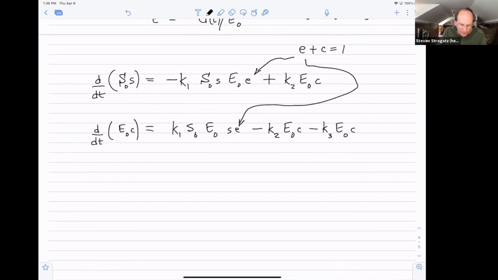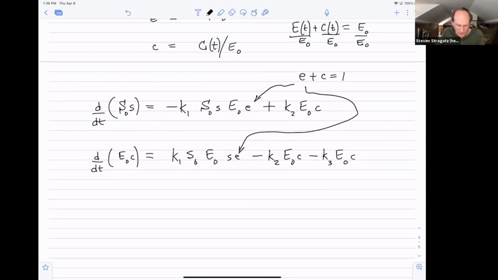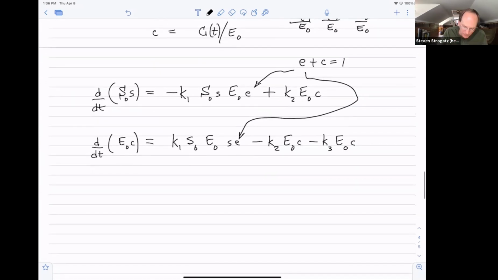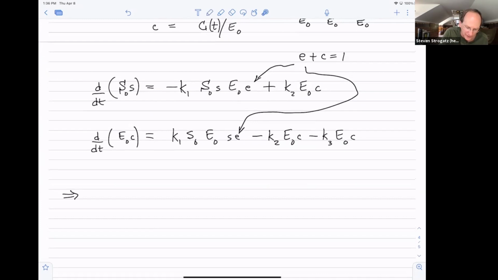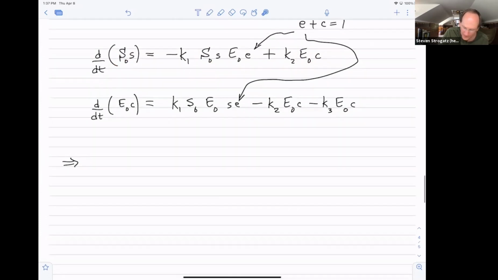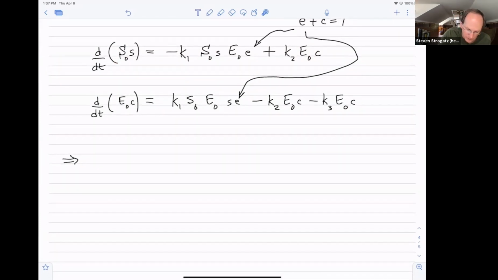So canceling some stuff out, let's see here. Maybe, rather than make a mess, I'll just go down to the next line. But you can see you can cancel out various constants like this S0. I can divide it out, I can put it underneath this E0 if I want. Anyway, doing that kind of step, because our goal is to just isolate d dt of this dimensionless quantity, little s.